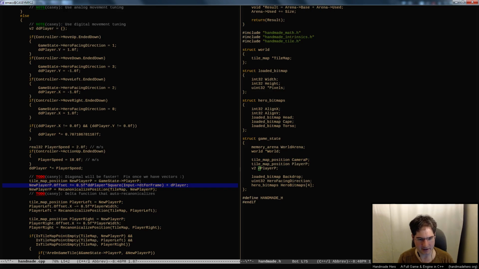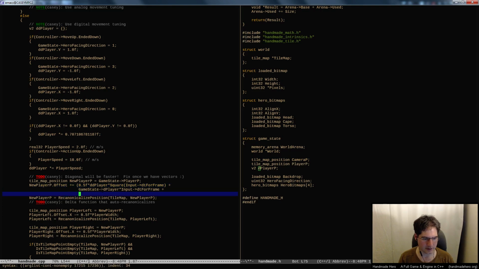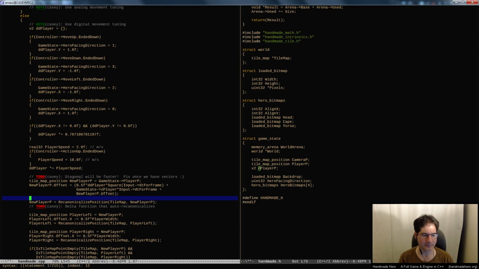Here is his velocity, the game state D player, times that delta. So there's T. And then I just need to use his old position, which, just to make it totally clear, I'll put it in there and change this to an equals. That way it looks exactly like the equation we wrote: 1/2 AT squared plus VT plus the old position. So that's the update right there, very simple.